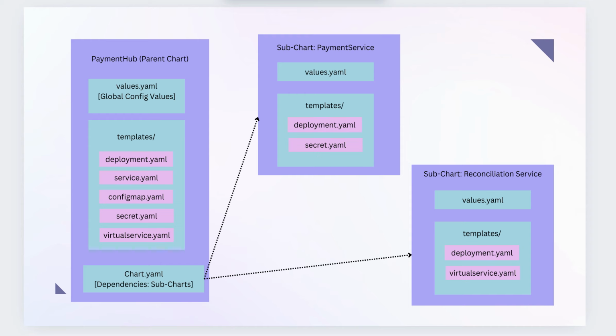The templates directory contains Kubernetes manifests, including deployment.yaml and service.yaml for core resources. The configmap.yaml for environment settings and secret.yaml for sensitive data like API keys, integrated with Azure Key Vault.